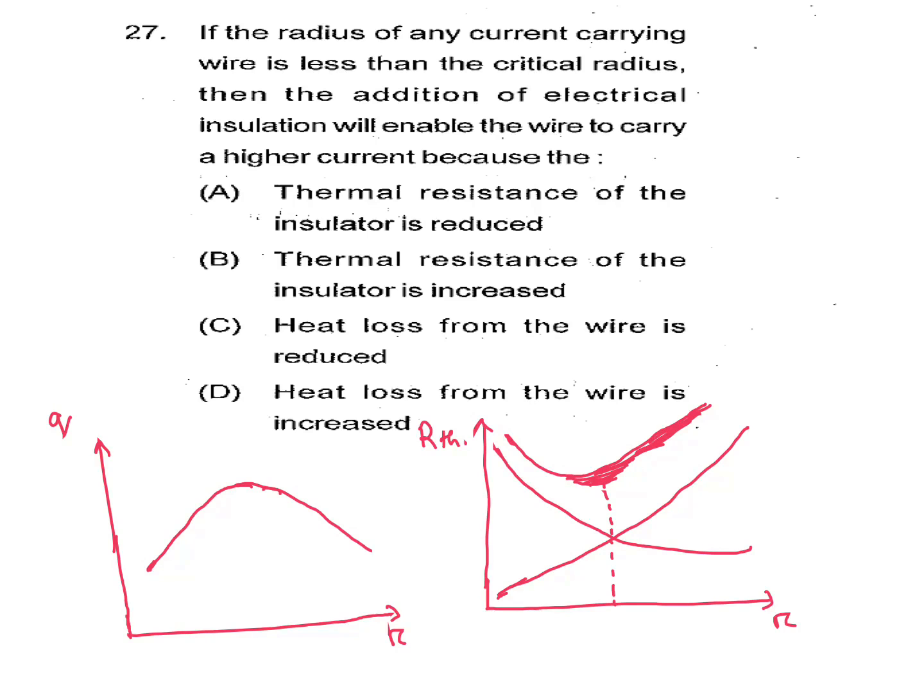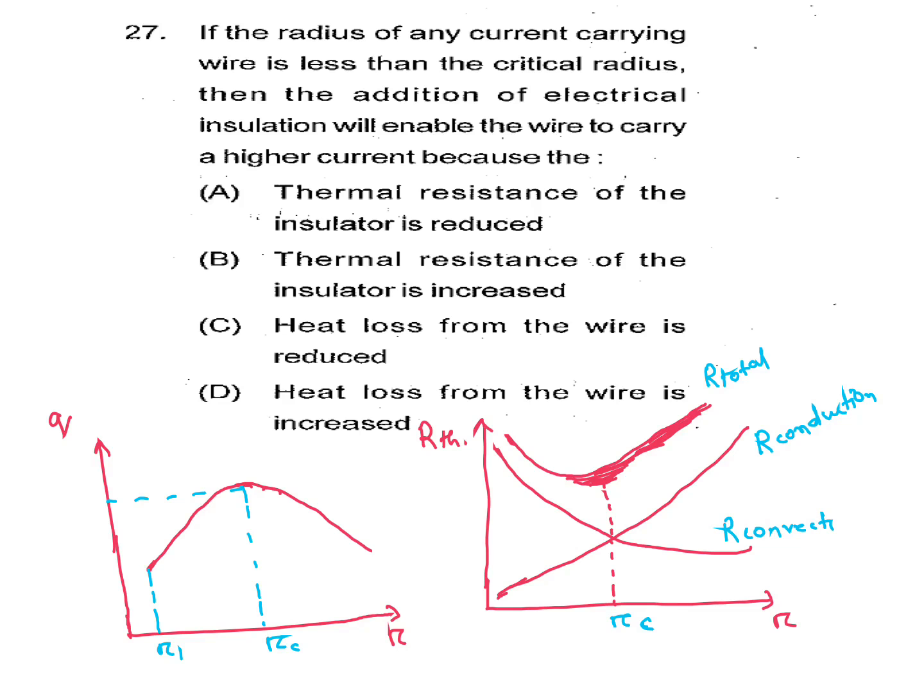This figure here it will come. R critical, here R critical. This is R1, here this is R total. Thermal resistance for conduction, here thermal resistance for convection.